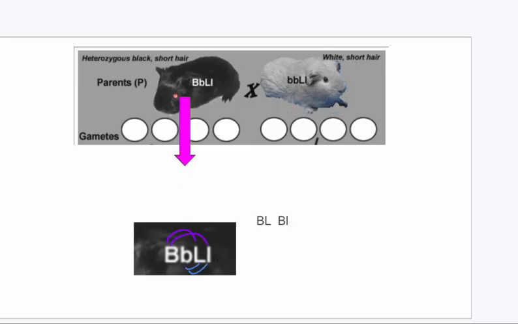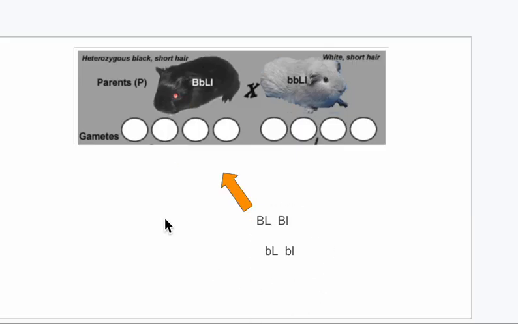Then we do the same thing for the other allele. Lowercase b is paired with capital L, and lowercase b is then paired with lowercase l. So here are our genotypes. That's what I just pulled from here, and these right here are going to go up here in these blanks.